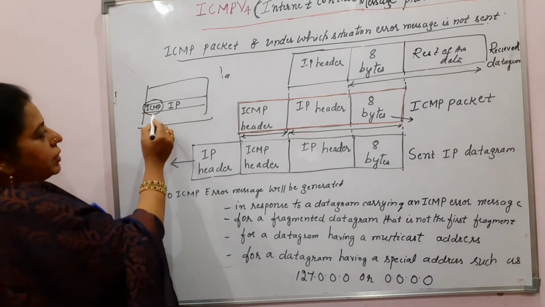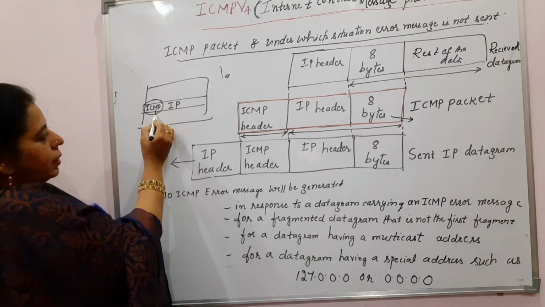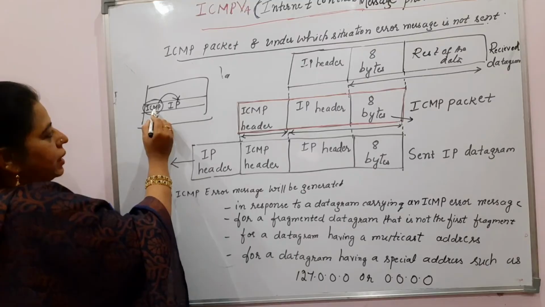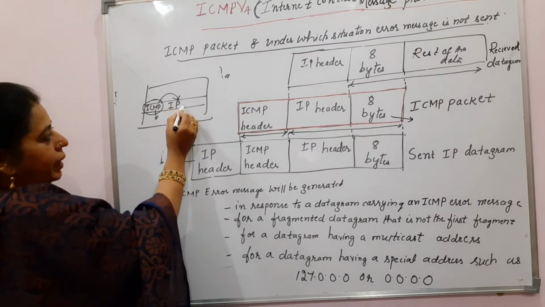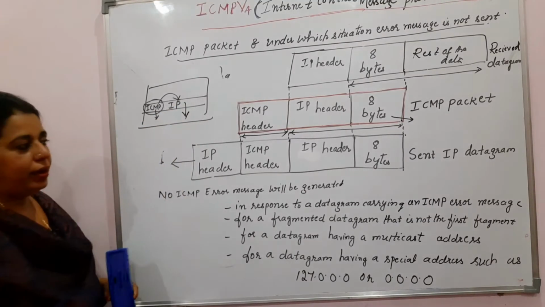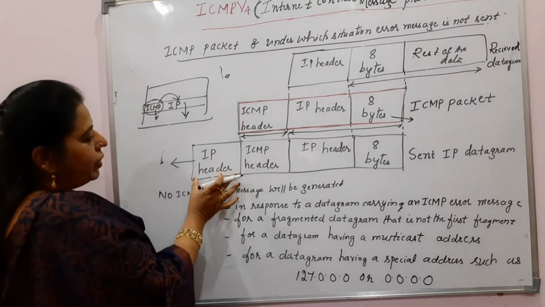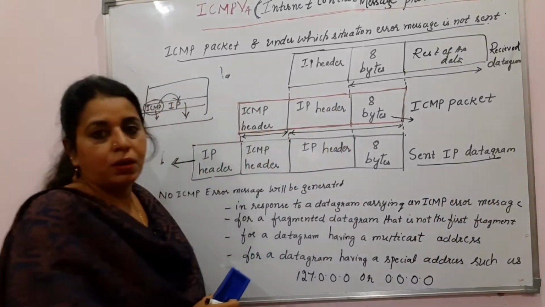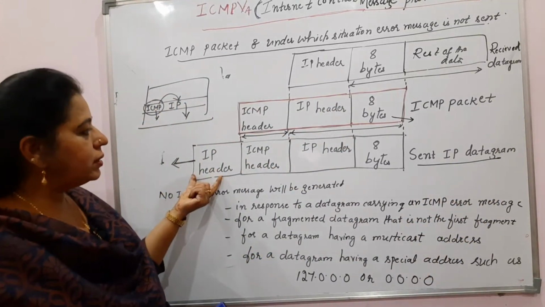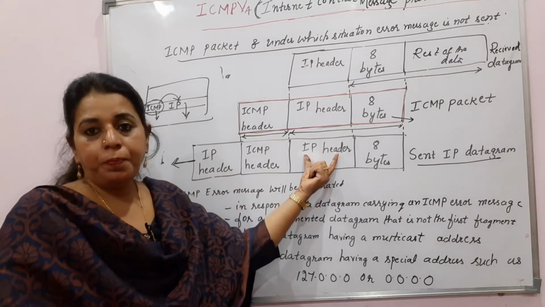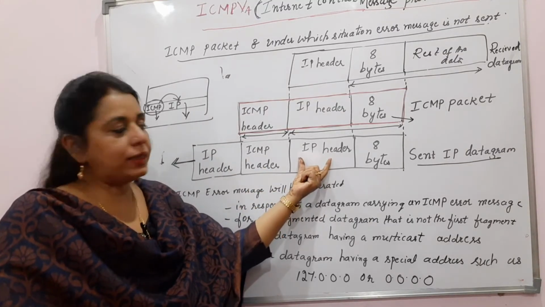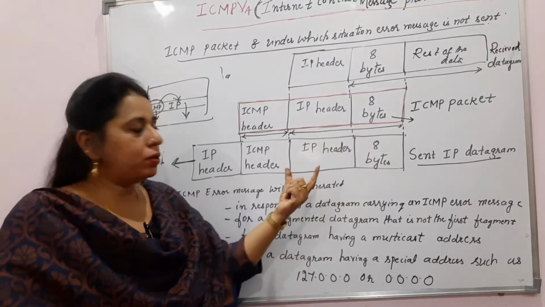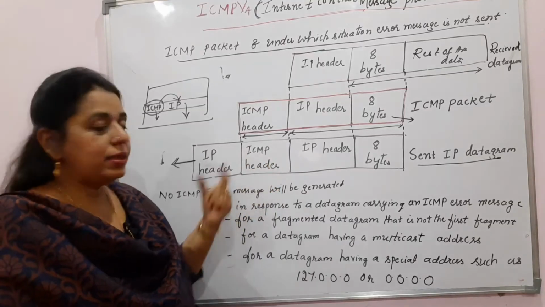I said in the previous video lecture that ICMP does not send messages directly to the data link layer. Instead, it makes use of the IP layer. The ICMP message is encapsulated in the IP packet and then sent to the data link layer. That's the reason the IP header is attached, and this is the IP datagram sent to the source. So it reaches the source, and the source knows about the errors that are there for itself, and also the port numbers to which it can convey the information to the higher layer protocols, and this is the ICMP header.